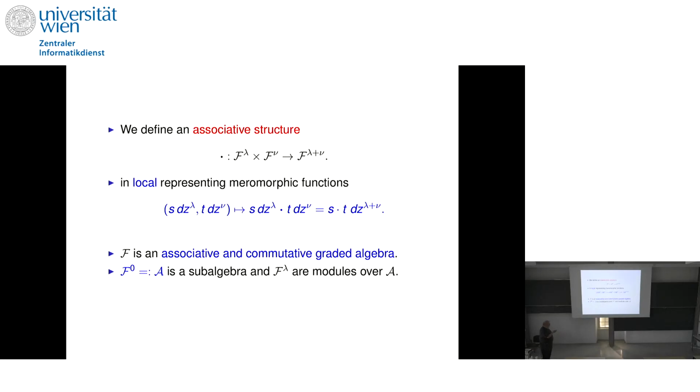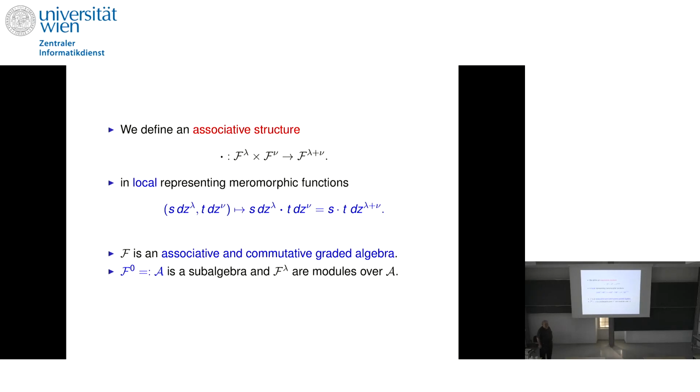Okay, the point is this: if you only consider F0, then this is a subalgebra, because 0, 0 gives 0, okay, we stay inside. And all these F lambdas here are modules over this A. F0 is just functions, and all forms of weight lambda are modules over the functions.